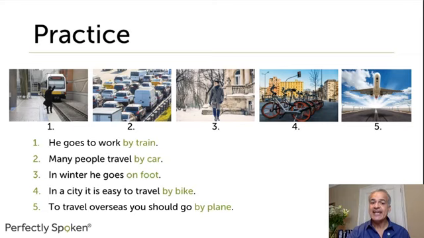In a city, it's easy to travel by bike. And number 5, to travel overseas, you should go by plane. Remember, should and shouldn't. Advice. To travel overseas, you should go by plane.